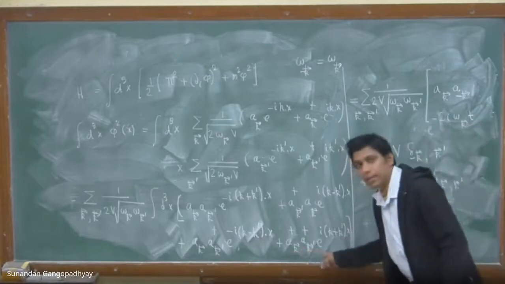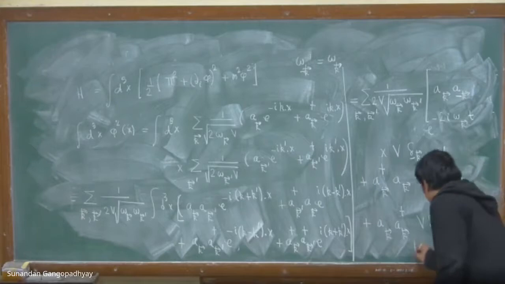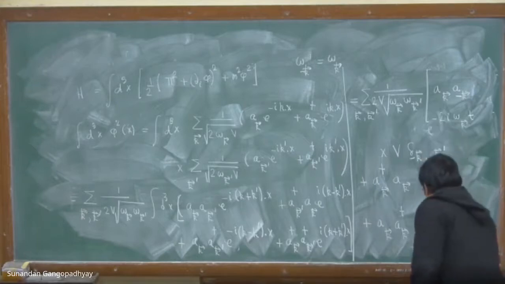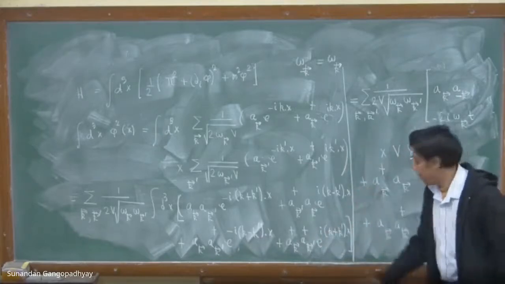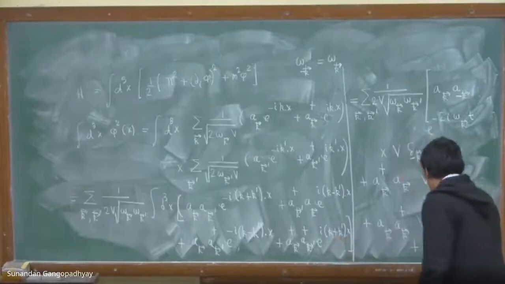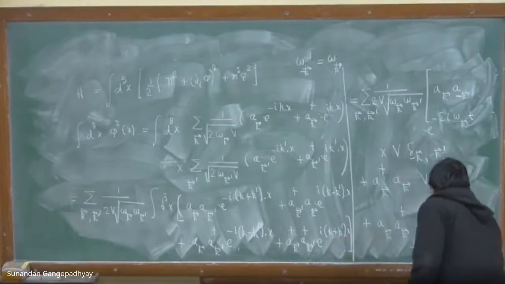And now look at the last term. What will you have? Plus a dagger k. This k prime will once again be equal to minus k because this is k plus k prime. Therefore, this is minus k.